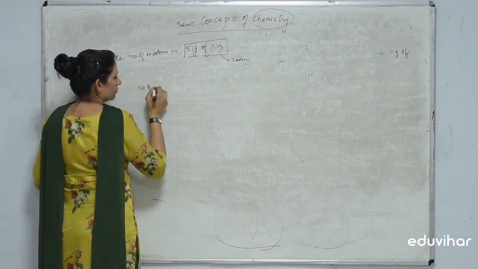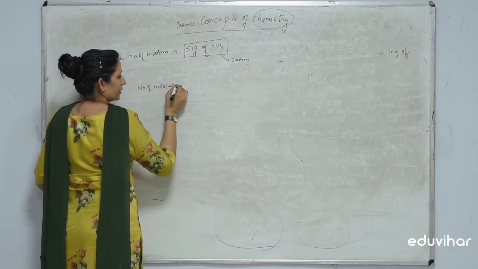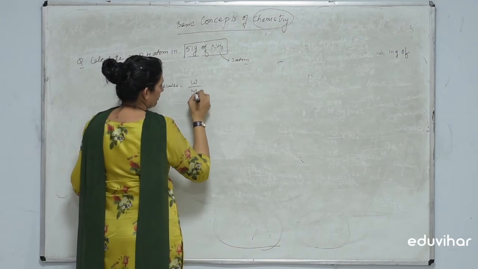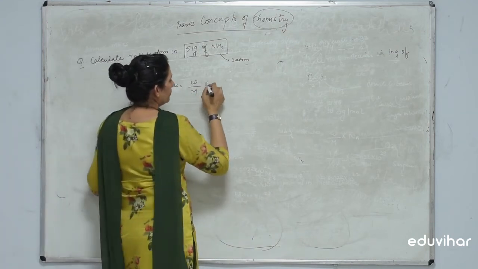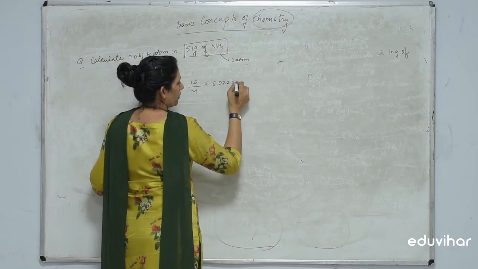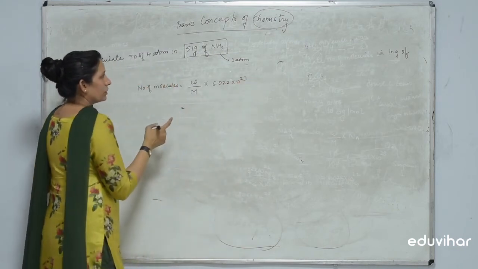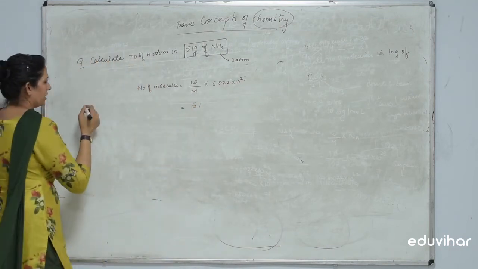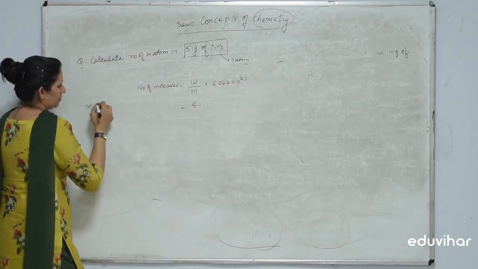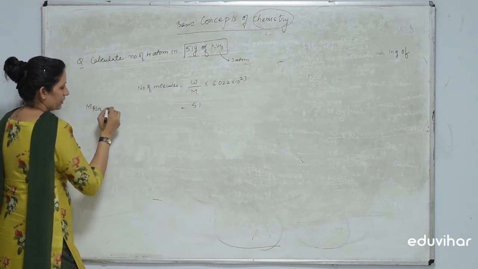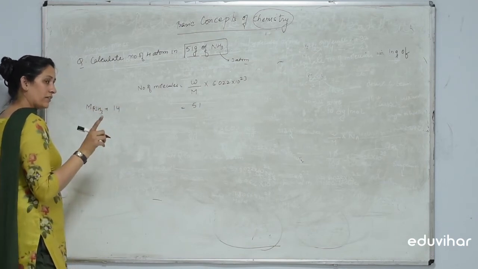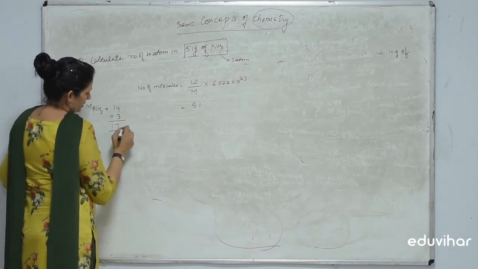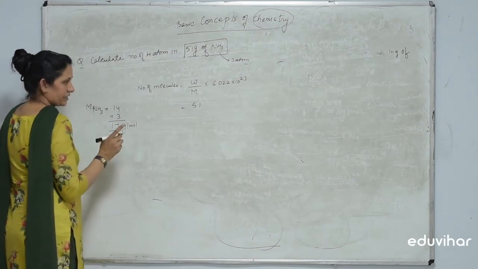Number of molecules is equal to how much? W, the given mass, divided by M, the molar mass, multiplied by 6.022 into 10 to the power 23. W, the given mass, is 51. How can you find the molar mass? Easy. Molar mass of ammonia: nitrogen has 14, hydrogen has atomic mass 1, and there are 3, so that is 17 gram per mole.